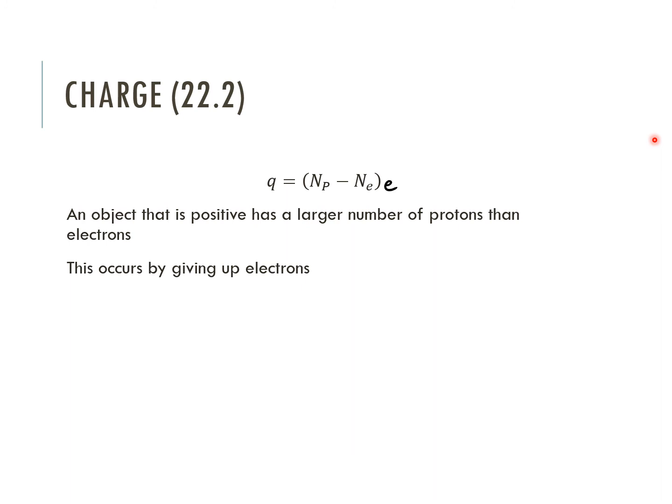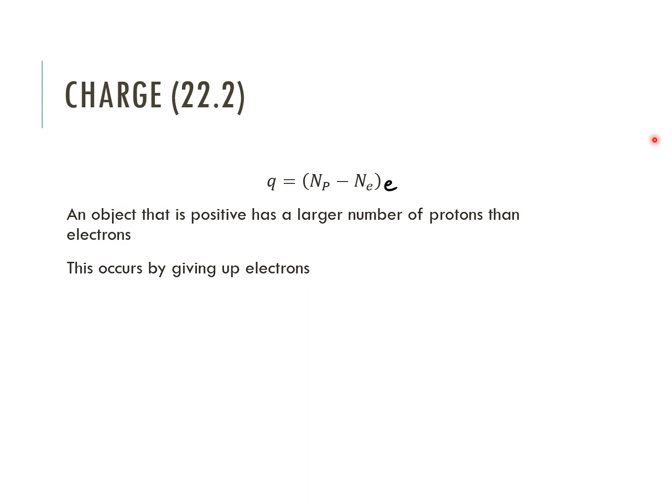However, the mass is extremely different. The electron's mass is about 10 to the negative 31 kilograms, whereas the proton's is about 10 to the negative 27 kilograms. The difference in mass and the difference in how the nucleus is bound together versus how an electron is bound to the atom is very different.